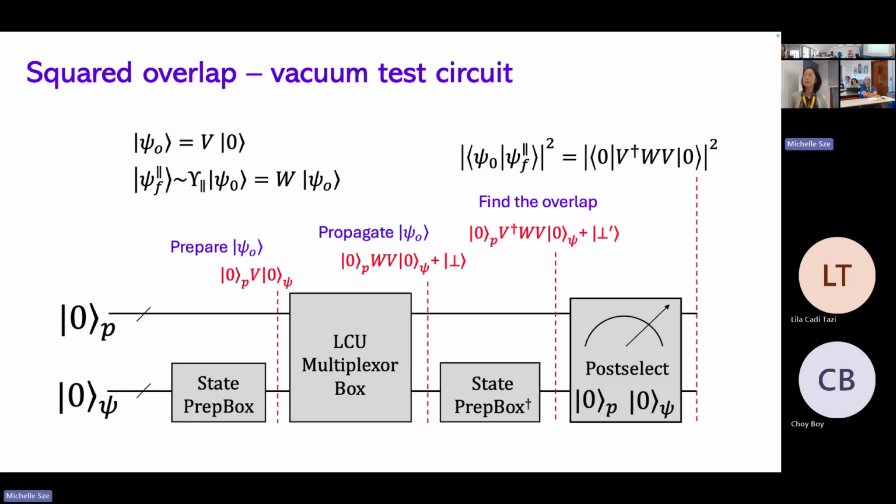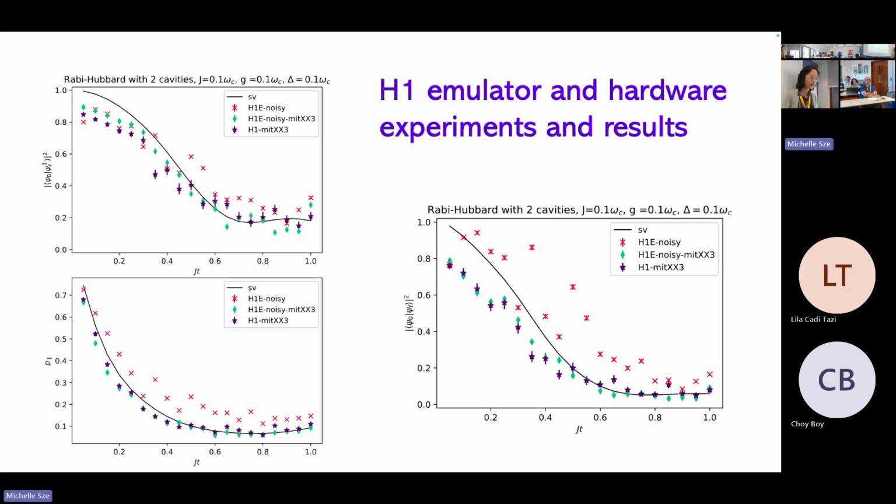Okay, here are the results. Sorry, this slide is a bit busy, but we'll go through it one by one. What we did in our simulations is we computed this reduced squared overlap, where we considered only the parallel LCU. In each plot, I have the state vector result. The x-axis here is the time axis.